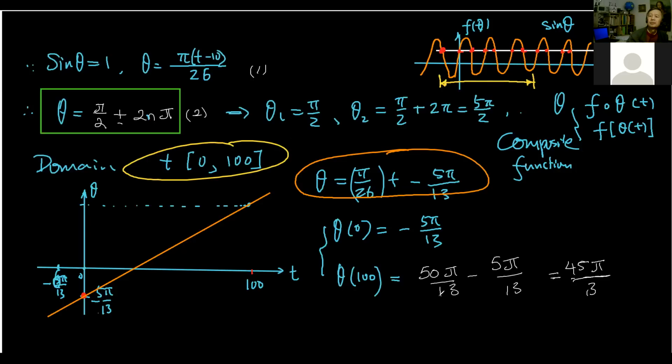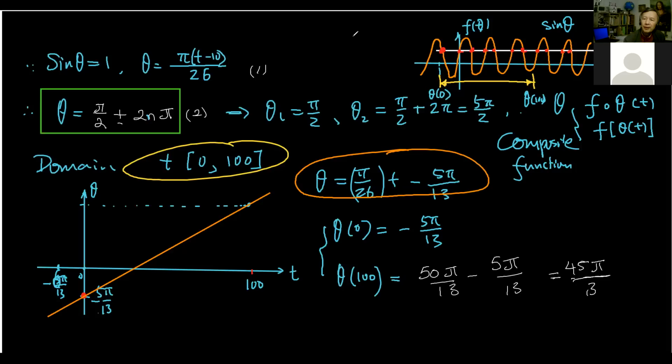Basically, this is theta when t equals 100. This is theta when t equals 0. Can you see the diagram here?